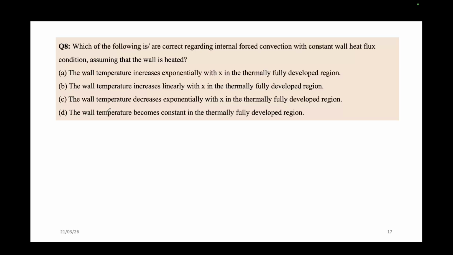Which of the following is correct regarding the wall temperature? For the constant heat flux condition, dT by dx is constant. Please remember this.